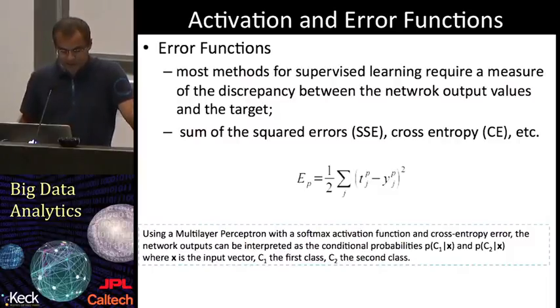In this way, we have an actual probabilistic classification. In few words, if you want in output the probability for each object to belong to a given class and you are using a multilayer perceptron, you have to use a softmax activation function and a cross-entropy error.